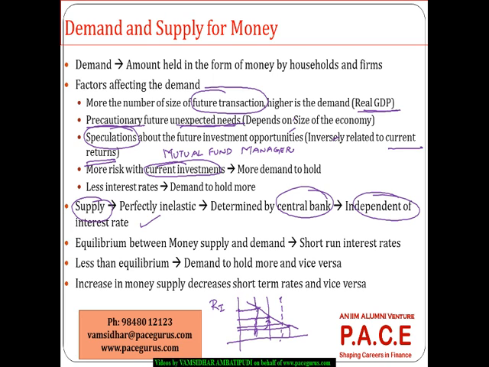If the money supply is decreased, obviously we see that the interest rates are going up, which means expansionary monetary policy, which is to increase the money supply, will decrease the interest rate, whereas a contractionary policy, which is a reduction of the money supply, will increase the interest rate, right? So this is one more important dimension regarding the demand and supply for money.